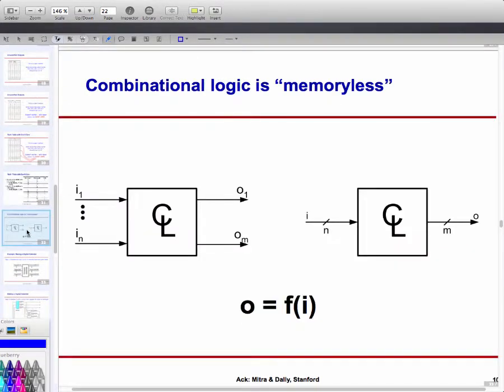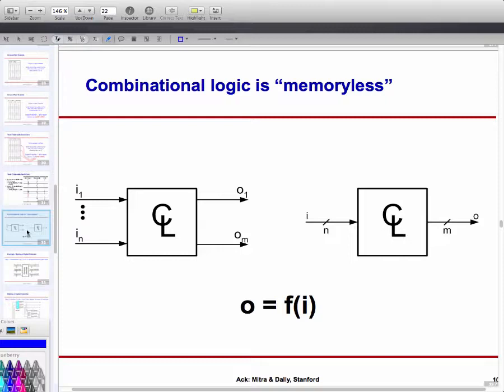Then the thing that we had just started on was this notion that the truth table represents a mathematical function. It does not have any memory, but rather it's a system where output always follows the input. So if you change the input, then the output, instantaneously or with some tiny delay, reflects the corresponding entry in the truth table.